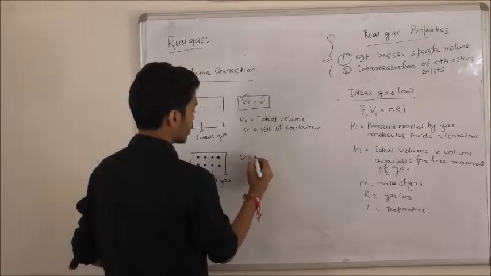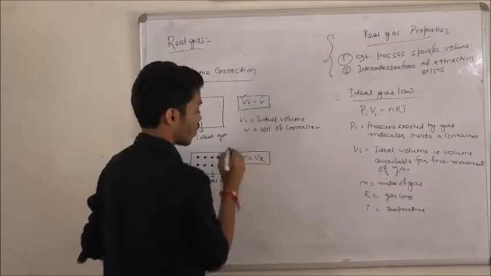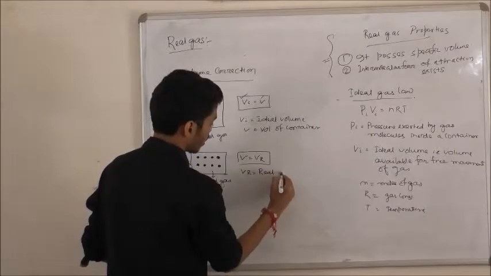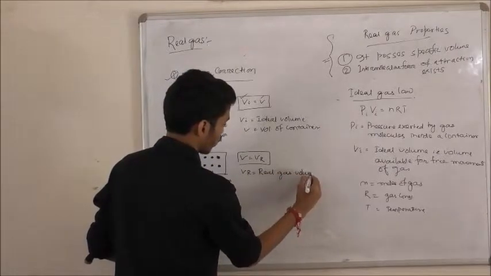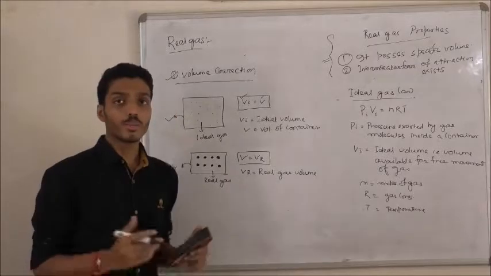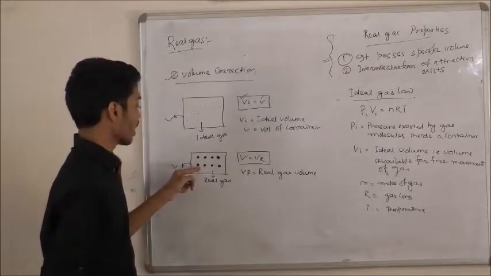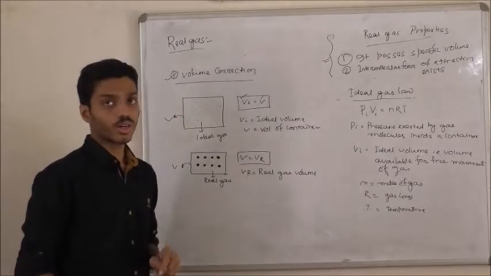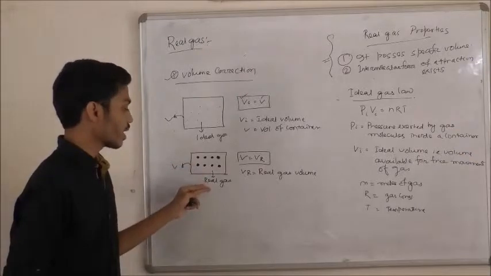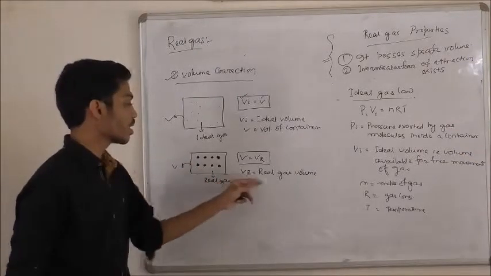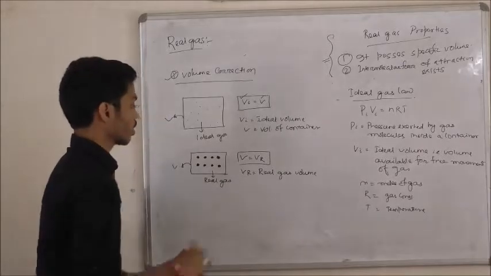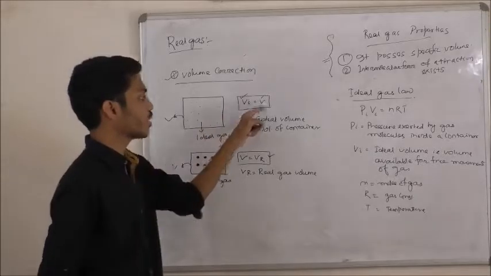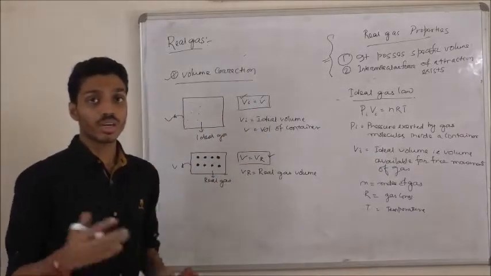And in this case, V equals VR, where VR is the real gas volume. What do you mean by this? It means that since this container contains real gas, the real gas volume would be equal to the volume of the container. Did you get me? Obviously the real gas volume will be the volume of the container. So right here V equals VR. Okay, so for ideal gas Vi equals V, and for real gas V equals VR.